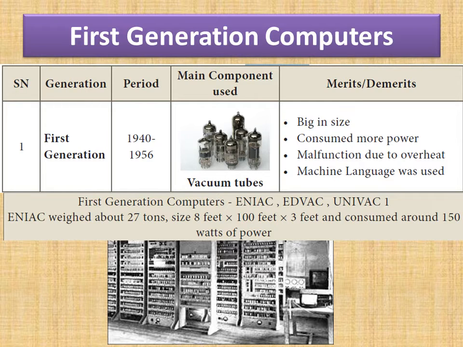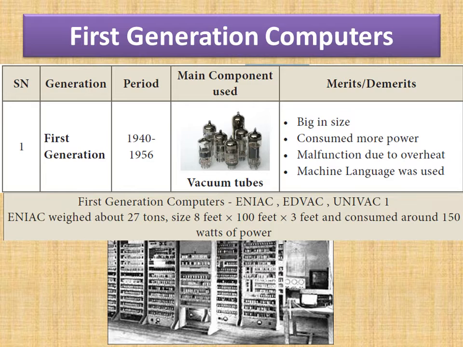The disadvantage was it was big in size and consumed more power, and it malfunctioned due to overheat, and the language used was machine language. You know, children, machine language is the language understood by the computer, isn't it? 0 and 1s, numbers written in binary form. That is called a machine language.